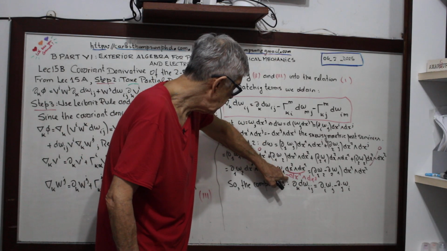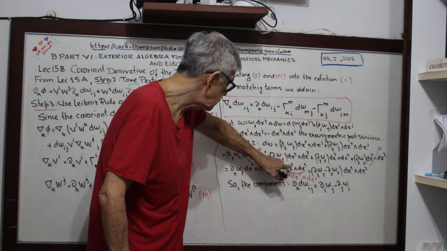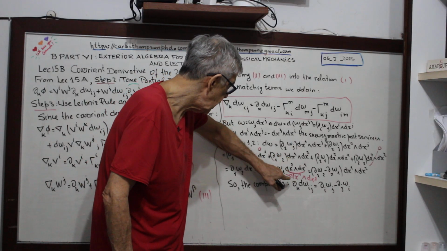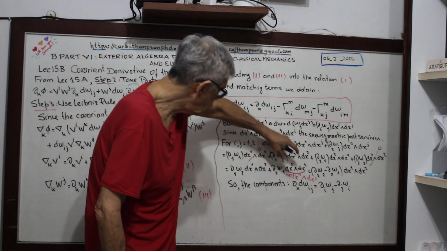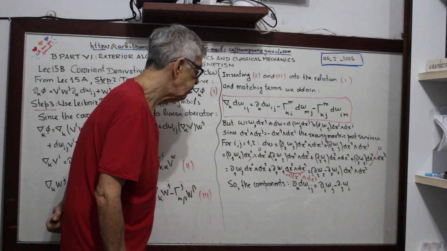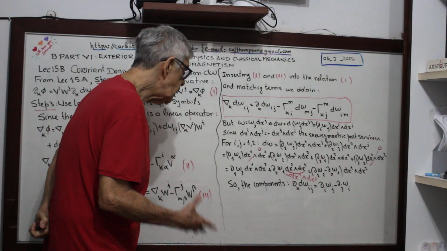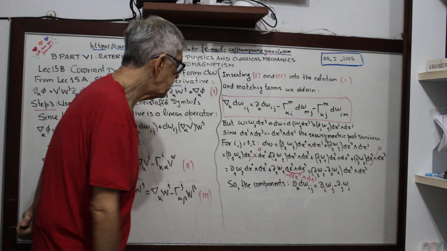Attention, you see the property of the skew symmetric. I can write dx2 wedge dx1 as minus dx1 wedge dx2. I can group this term. This leads to that term over there. Now I can extend this for i and j.